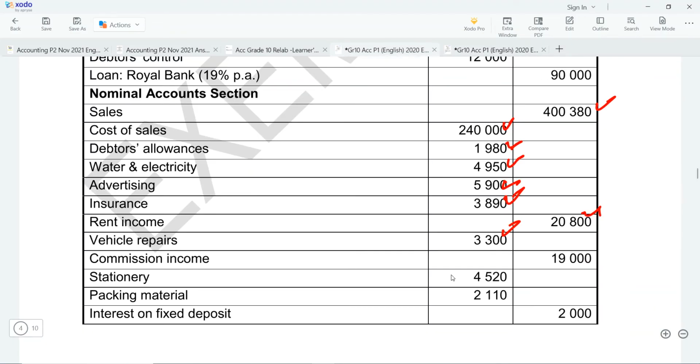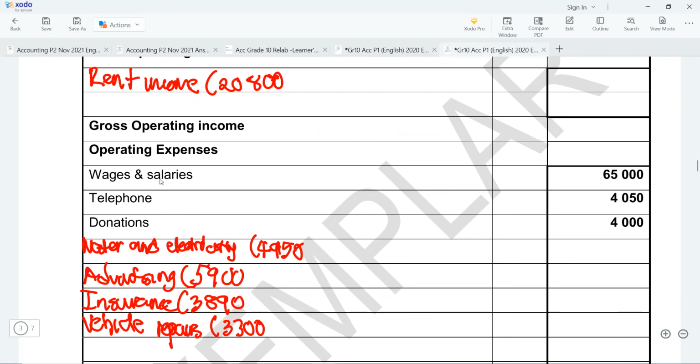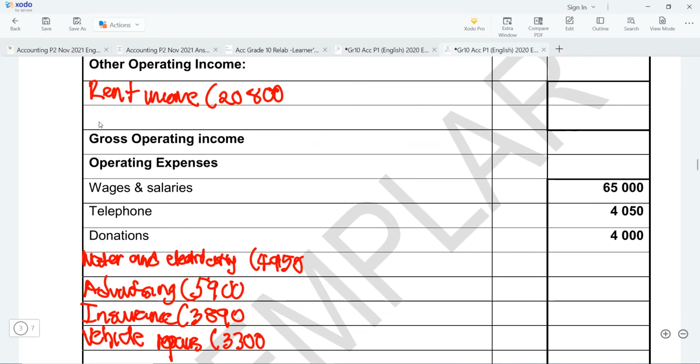We are told that we have commission income of 19,000, so we're going to enter it. Commission income is part of other operating income, so we're going to have commission income here as 19,000 according to what we are given here.